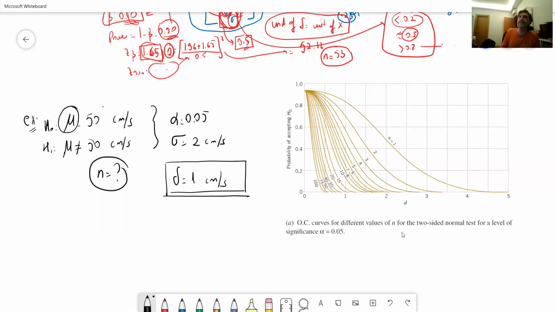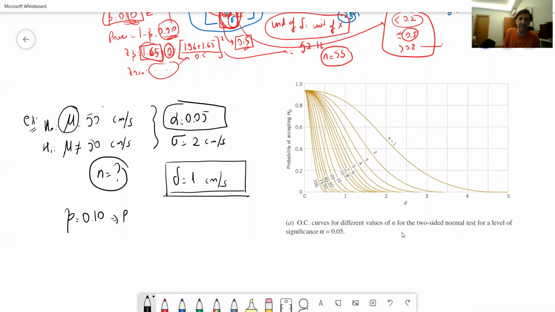Now the second thing that we should answer is, of course, it's going to be impossible to detect this change with 100% probability, because that would mean that the type 2 error is equal to 0 probability, which is impossible because we are always going to have some type 1 and type 2 probabilities. So we need a plausible value. For these cases, just like taking the alpha value as 0.05, usually taking a type 2 error probability as 0.10 is pretty much sufficient.